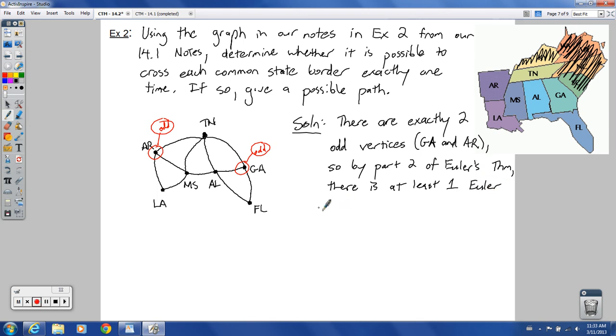Nice. But there's no Euler circuit, just to make a note of that.